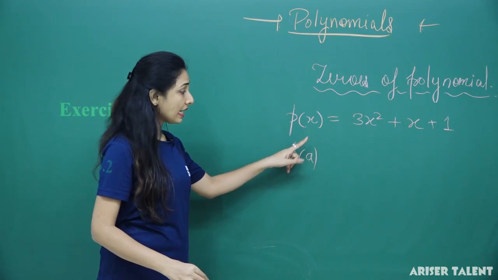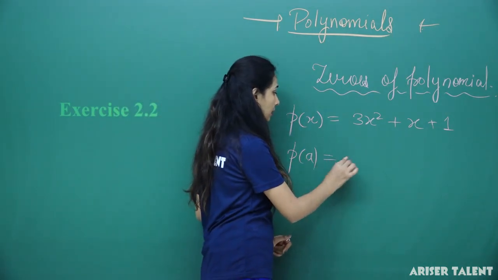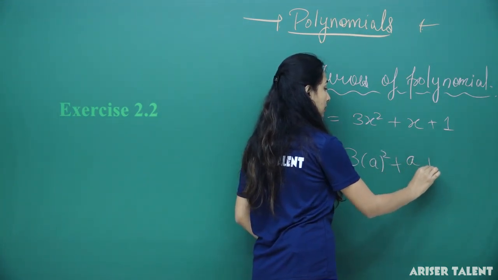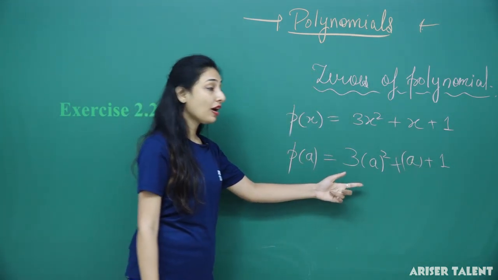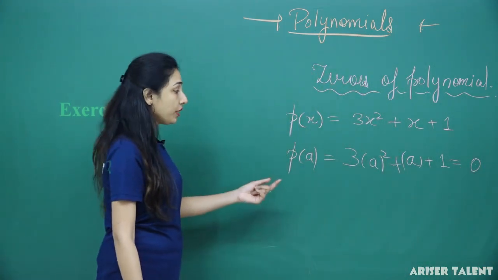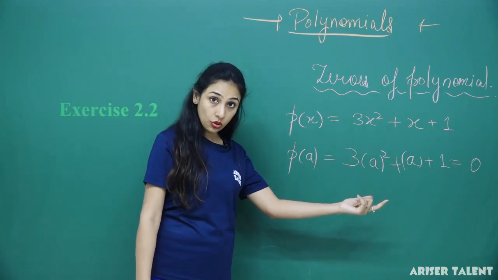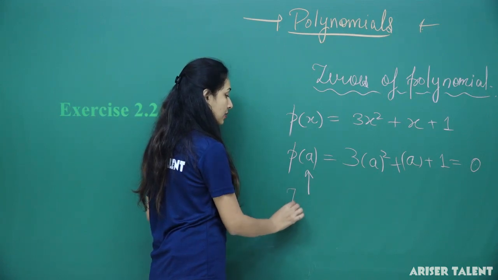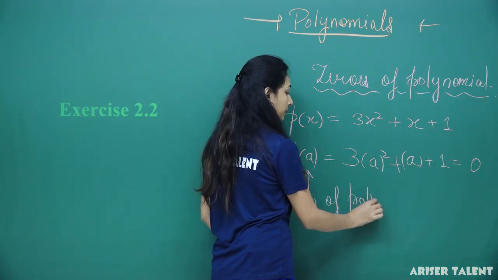In the place of x, I am replacing that x with a. So, just put it there: p(a) equals 3a square plus a plus 1, that will be the value. Now, if this complete value becomes 0, if putting x equals a, p(x) becomes 0, then I will say this a is a zero of the polynomial.